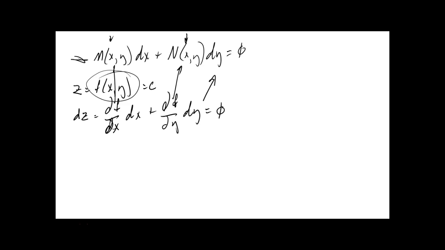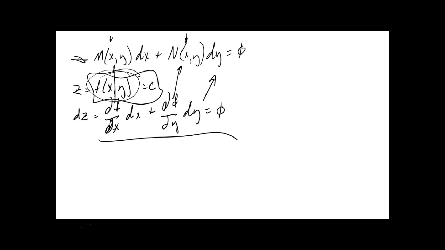In other words, given a one-parameter family of functions, f of xy equals some constant c, we're going to start with that. This family of functions f of xy is always going to be the same constant c. Then you can conclude this: the partial of f with respect to x dx plus the partial of f with respect to y dy is equal to 0.